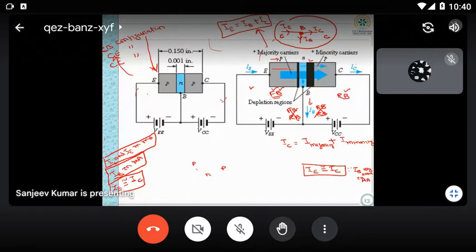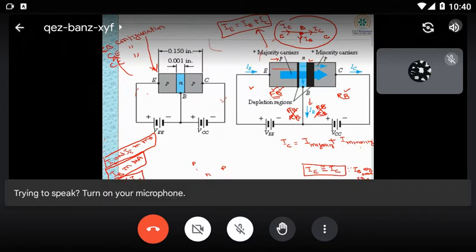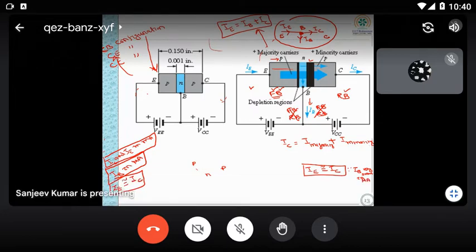So the total collector current IC is equal to I majority plus I minority. We can write this as approximately I majority, because leakage current will be very minor. So sometimes we can write IC is equal to I majority current, due to majority carriers.